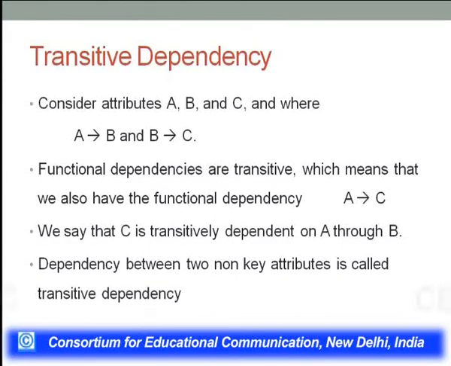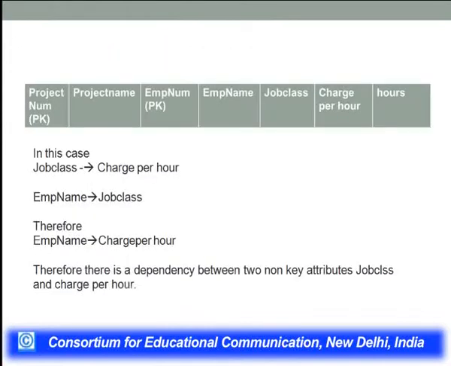So, this kind of dependency is also an indicator that the database is not in a normalized form and there are possible redundancies. Taking the same example, we have project number and employee number as the primary key, and project name, employee name, job class, charge per hour and hours as the other attributes.